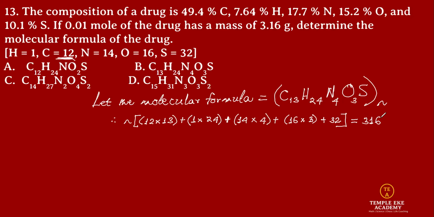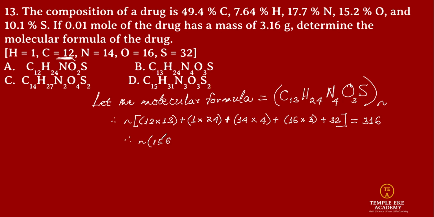Now let us evaluate the values within the brackets. Therefore, we have n into 12 multiplied by 13. 12 multiplied by 3 is 36, and I have taken 3 over. 12 multiplied by 1 is 12, plus the incoming 3 is 15.